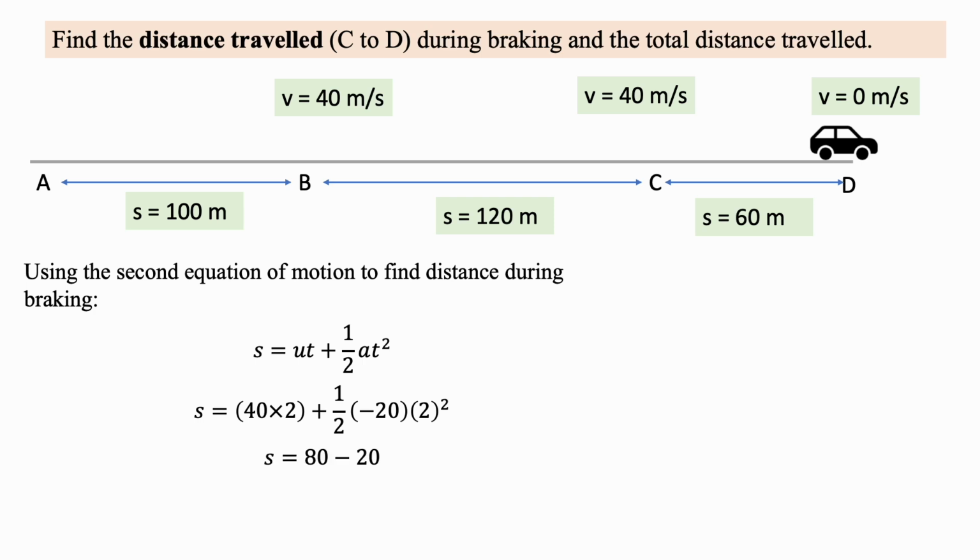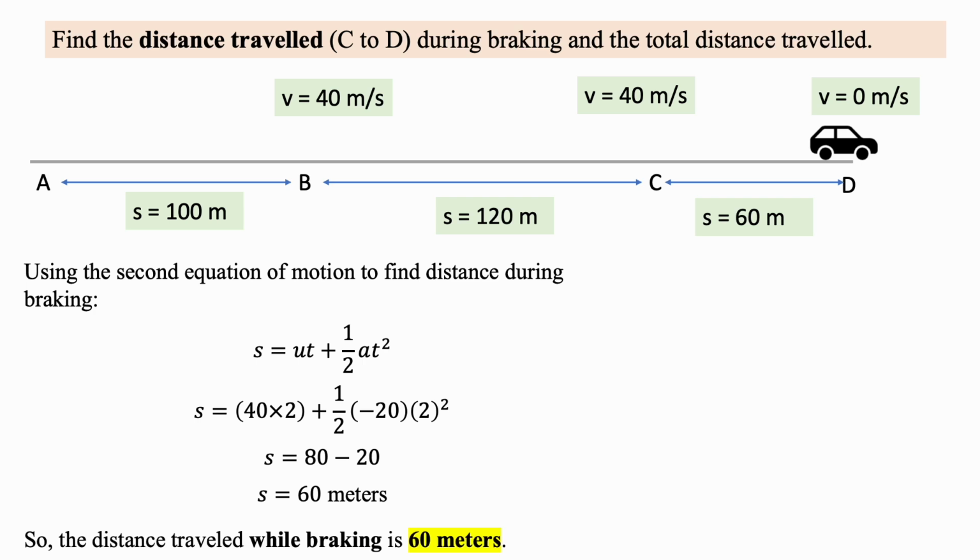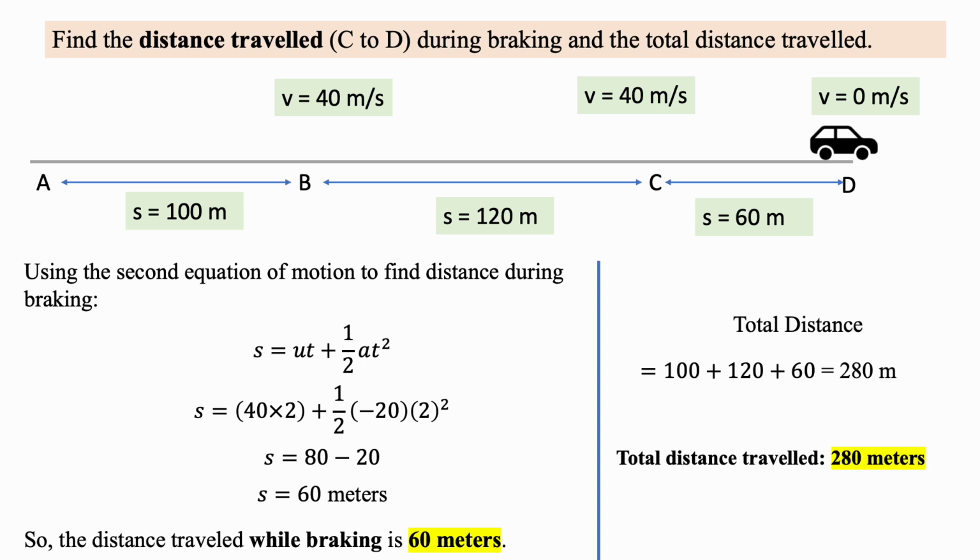On substituting appropriate values, we will get the distance traveled during braking to be equal to 60 meters. And the total distance traveled will be 100 plus 120 plus 60, which will be equal to 280 meters.